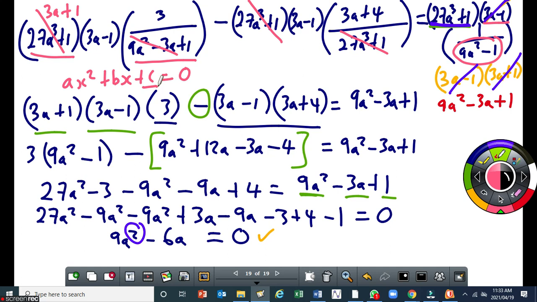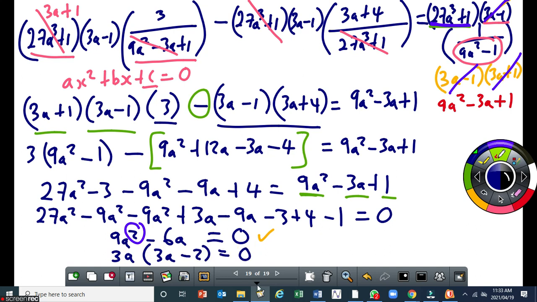So we start with the real numbers first. 9 and 6 have a highest common factor, which is 3. The highest common factor of a squared and a is going to be a. So we end up having 3a times (3a minus 2) equal to 0.